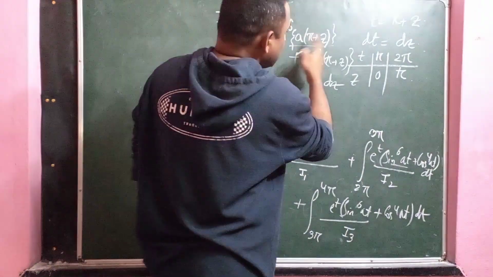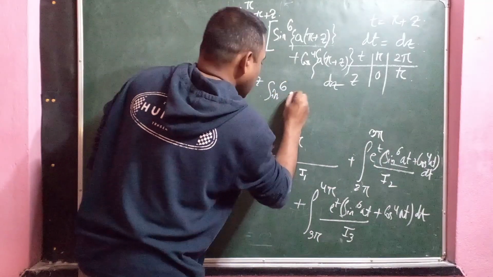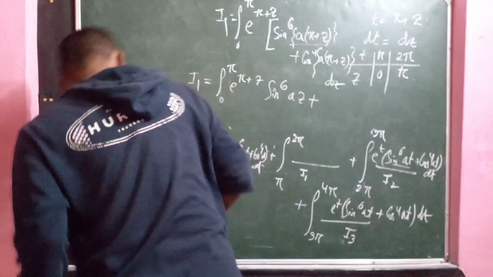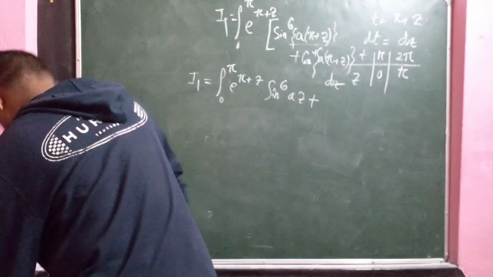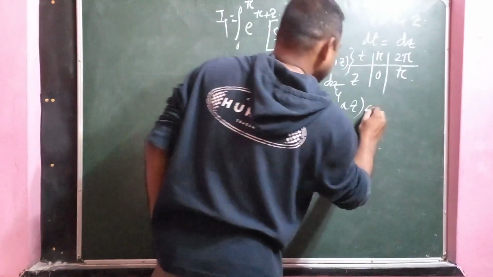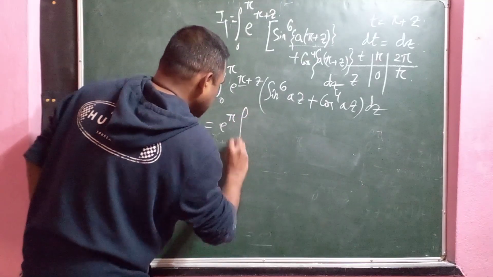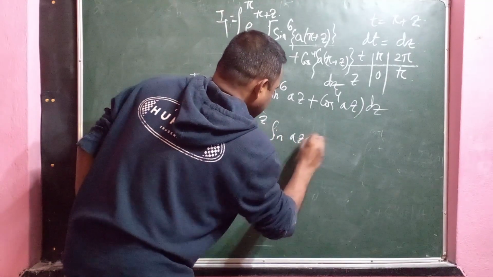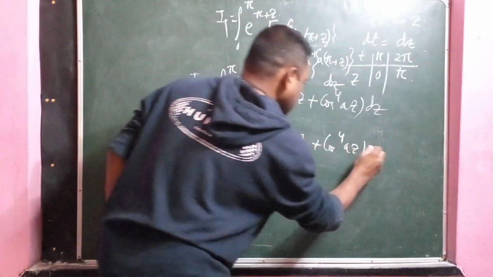That is 2a into pi by 2, so sine remains sine, and cos remains cos. So sin 6z plus cos 4z dz. So e to the power pi has nothing to do with the integral. It is e to the power pi times integration 0 to pi e to the power z (sin 6z plus cos 4z) dz.